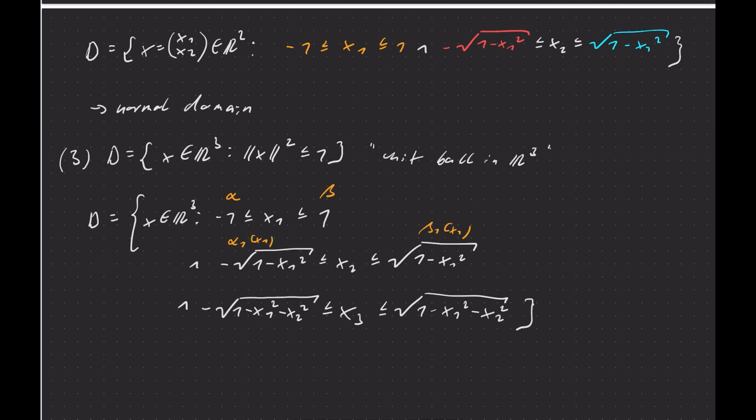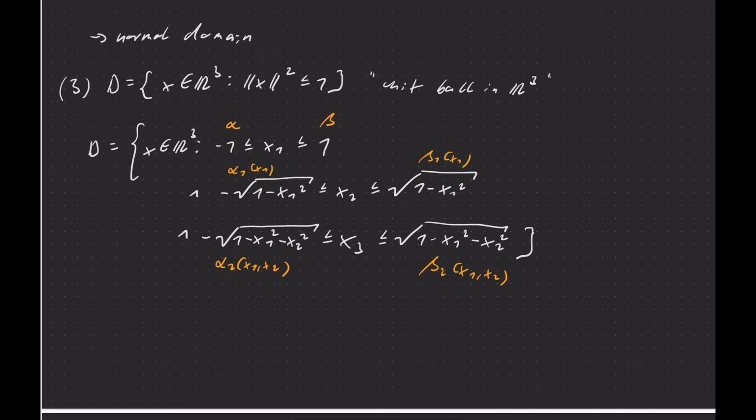And here we have a function alpha 2 depending on x1 and x2, and beta 2 depending on x1 and x2. So again, we have this gradual buildup of the bounds for the different coordinates. And again, that means that the unit ball is, of course, a normal domain in the sense of our definition.